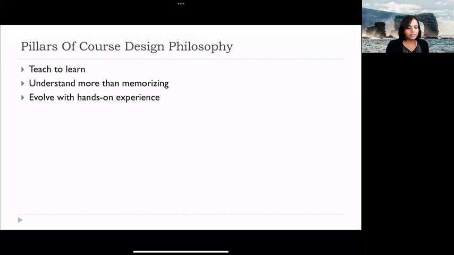Second, it is critically important that the things that you learn in this course are not things that you want to just put in your cache, which is basically remember for now and then forget the next moment. That's the reason we do not have an exam in this course where you would just read the night before the exam, dump everything you have in your temporary memory on the day of the exam and forget about things. That's not the goal.